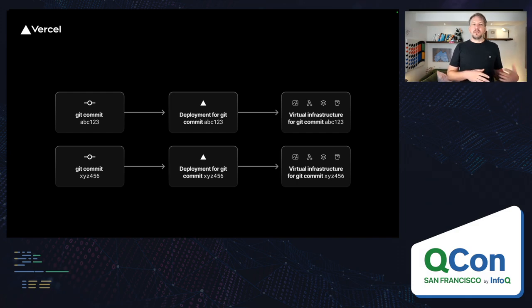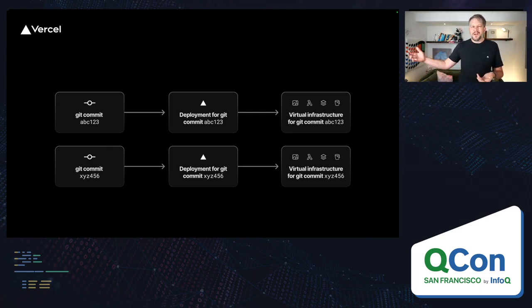You make a git commit, whatever, ABC123. You deploy that git commit and we give you a virtual infrastructure for that git commit, right? Remember how I changed getServerSideProps to getStaticProps, and that change to my program changed the infrastructure that I needed? So let's imagine I commit that change, I deploy it.